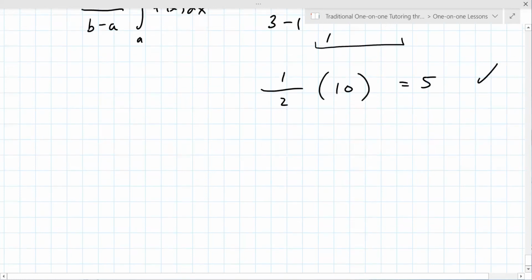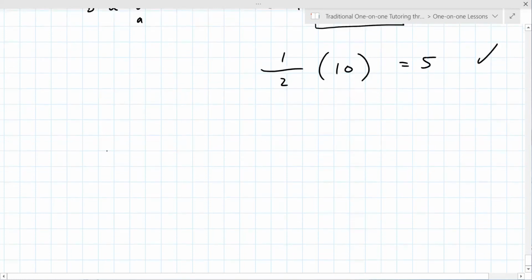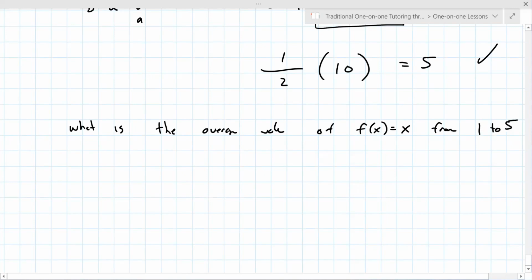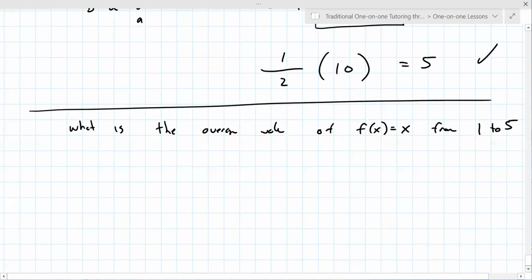Okay, so let's try another one here that I think will be clearer. What is the average value of f of x equals x from 1 to 5? So I'll try to set this up for you here.